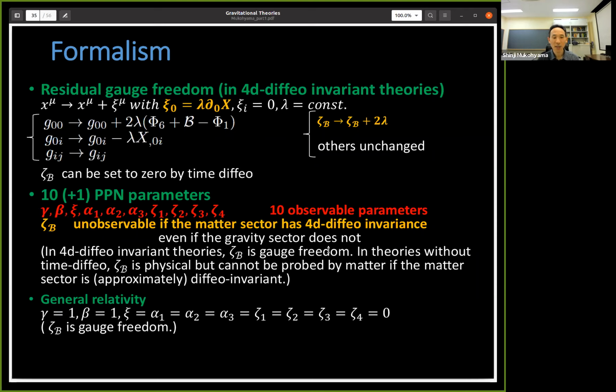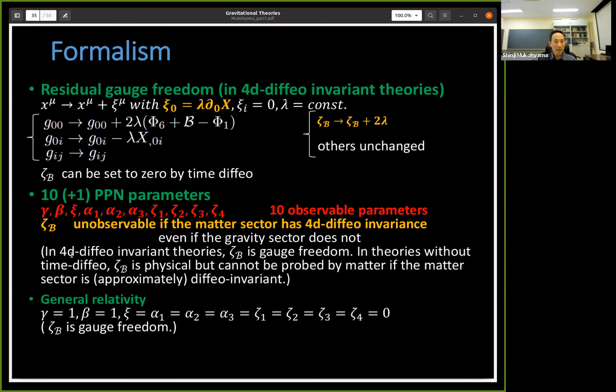Because gravity is probed by matter, the motion of, say, planets, and if matter does not feel the effect of this, then it is unobservable. However, in order to compute these 10 parameters, we need to introduce this. After computation of these 10 parameters we can forget about it, but for the computation we need it.